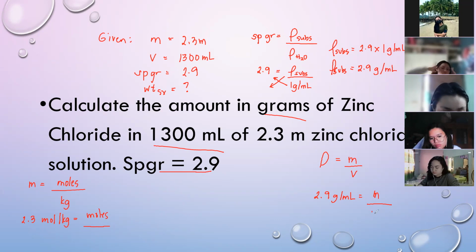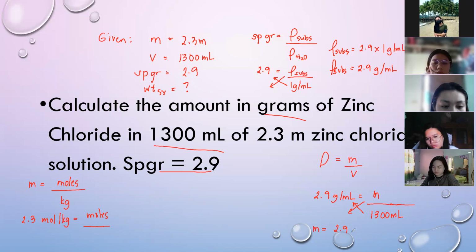Okay, the volume for the zinc chloride is 1,300 ml. So yan yung binigay here. We are looking for the mass para may ilagay tayo here in kilograms. Now, ganun pa rin, cross-multiply, ibaba natin si mass, 2.9 grams per ml times 1,300 ml.